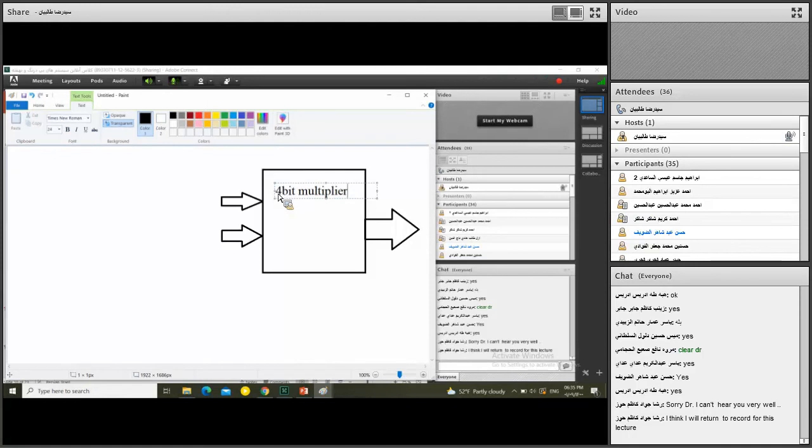Then 4-bit multiplier. We'll say the name of this is mul4, multiply 4, 4-bit multiplier, okay?